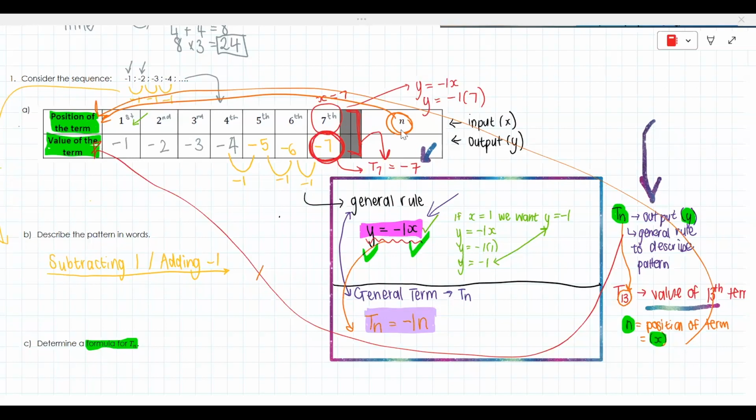You guys can't see me because I've turned my camera off. Okay, no, Gideon, sorry. Try one more time. Let's see if I get this. Okay, miss, so basically general term abbreviated is Tn, right, miss? Okay, yeah. Now instead of it being GT, why did they put a Tn?